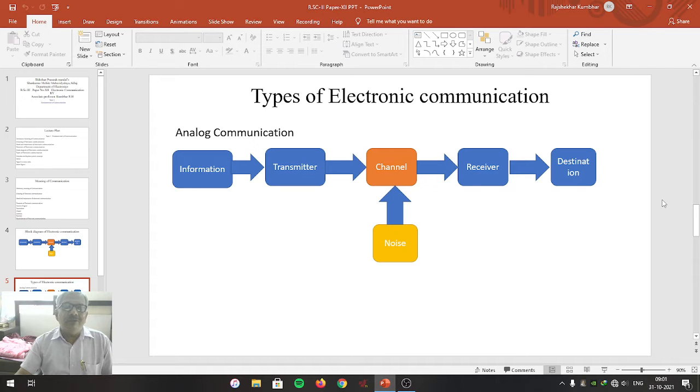Student friends, in yesterday's lecture, we studied the general block diagram of electronic communication system.